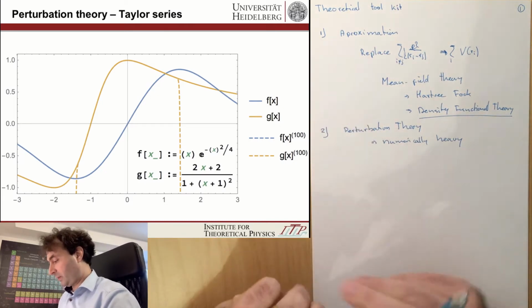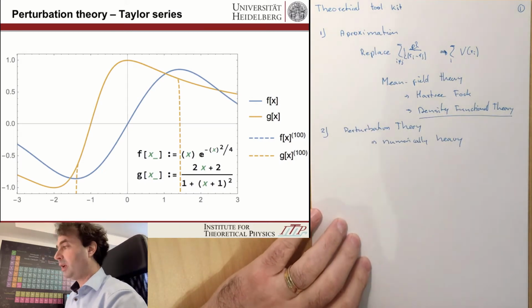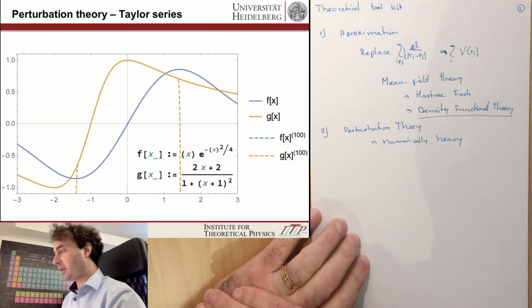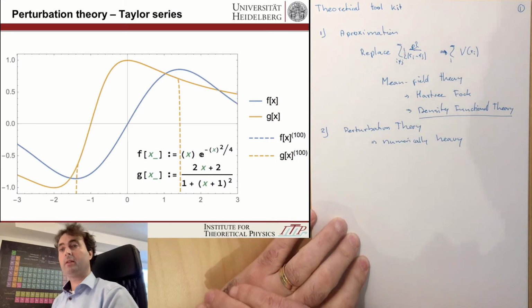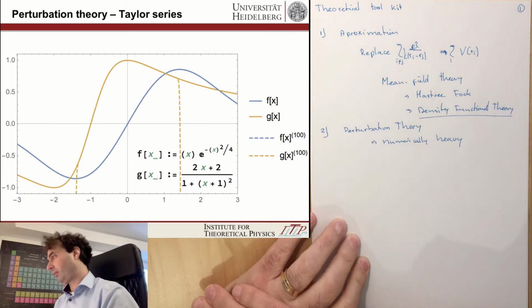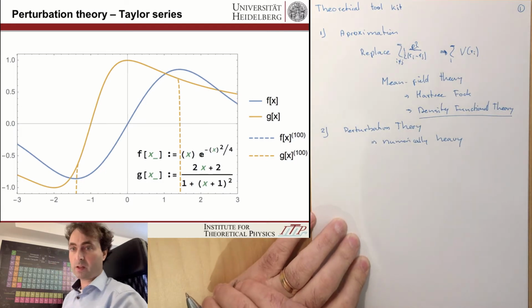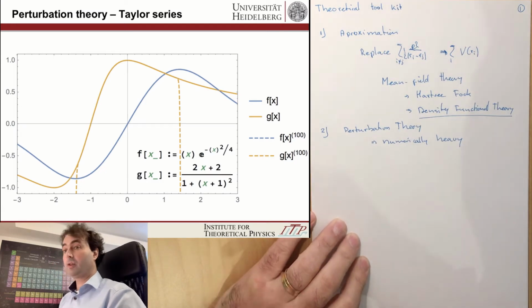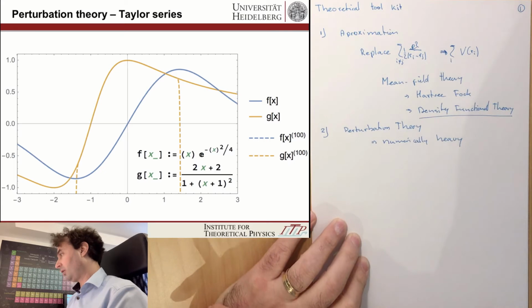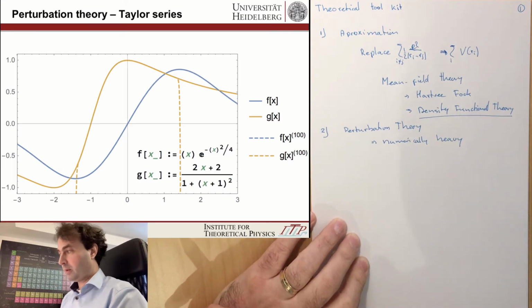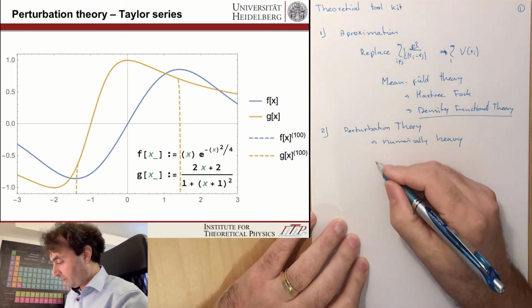So why is this? If we look at g of x, then its denominator can become 0, which means that g of x diverges. Well, not on the real axis. For the denominator to be 0, x plus 1 has to be equal to minus 1.